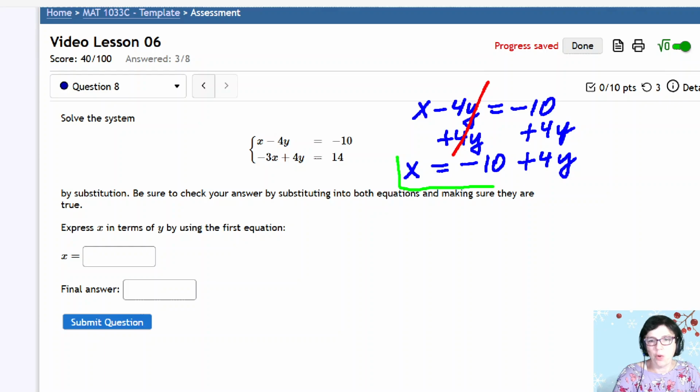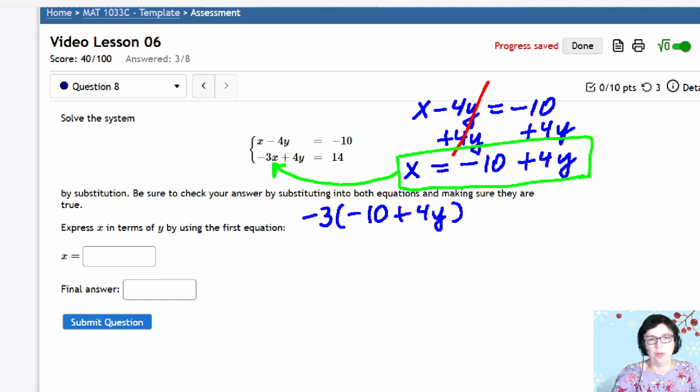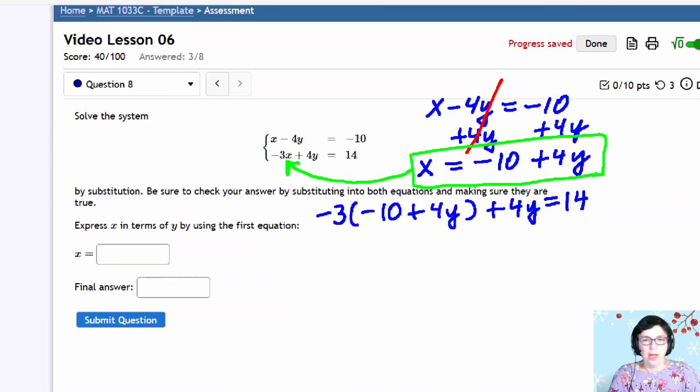Okay, this is our connection between x and y, and we are going to substitute that into the second equation. And then we're going to do a lot of algebra from here. Negative 3, instead of x, we are going to substitute what we just found, the connection, negative 10 plus 4y. Okay, then you will still have plus 4y equals 14.